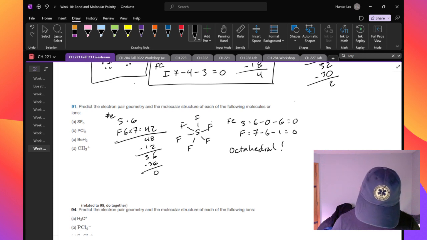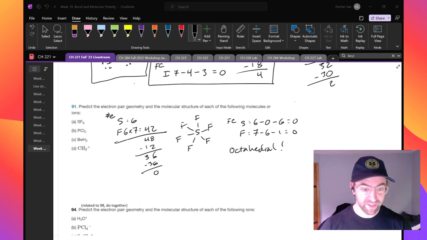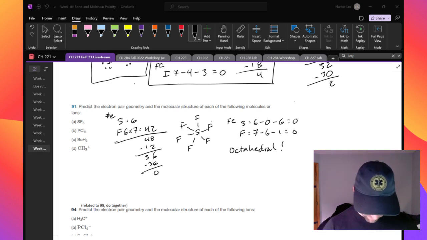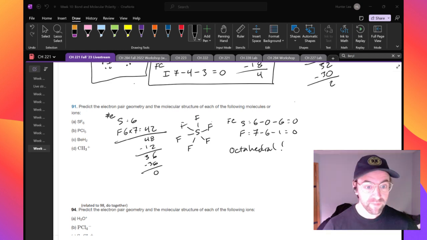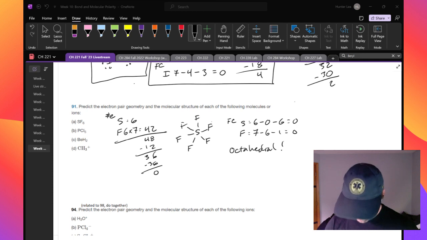Octahedral. Let's check our answer key. 91A. Both the electron geometry and the molecular structure are octahedral.